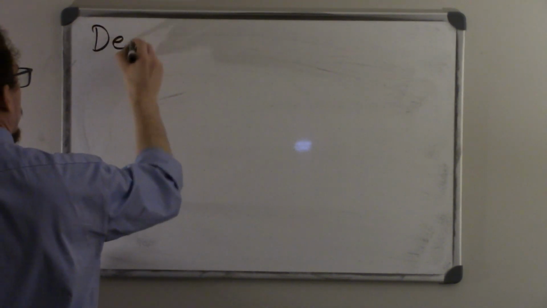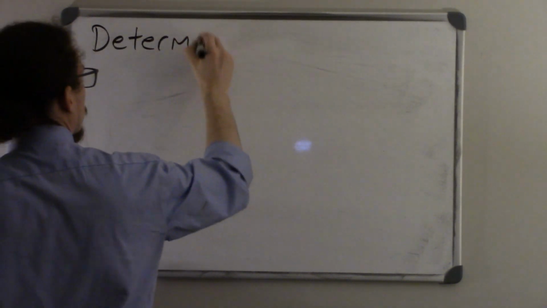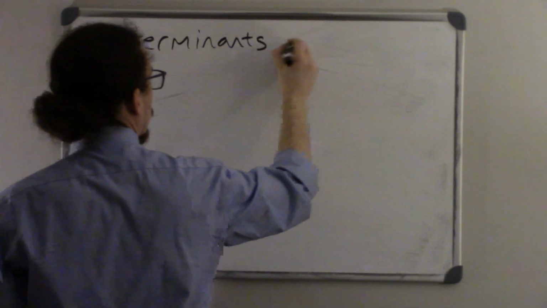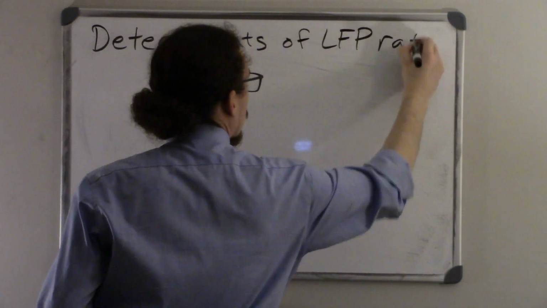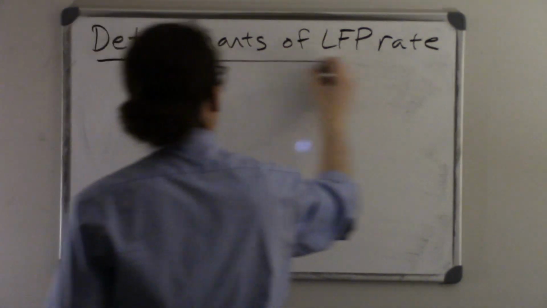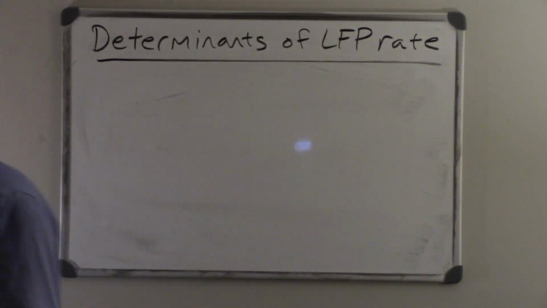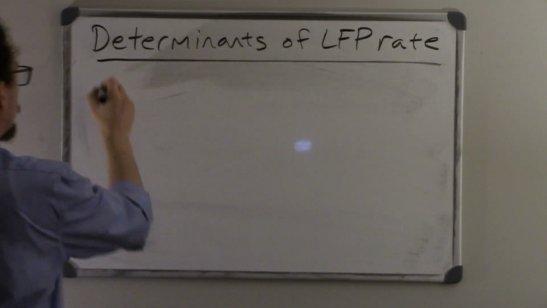All right, now we're going to wrap up by talking a little bit about some of the determinants of the labor force participation rate. There are two that we're going to talk about.